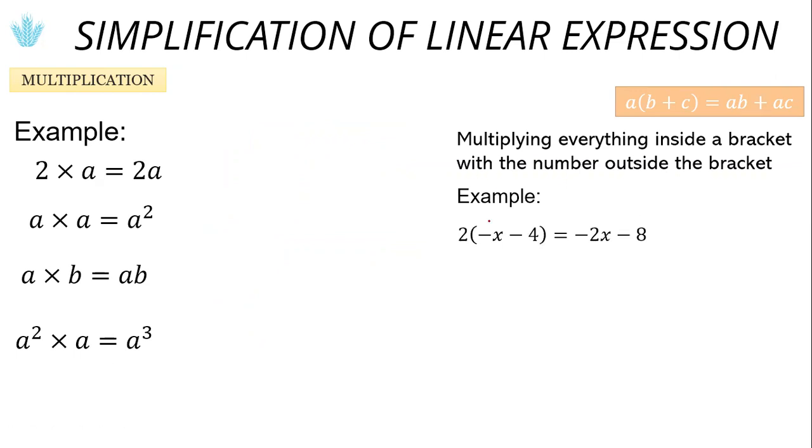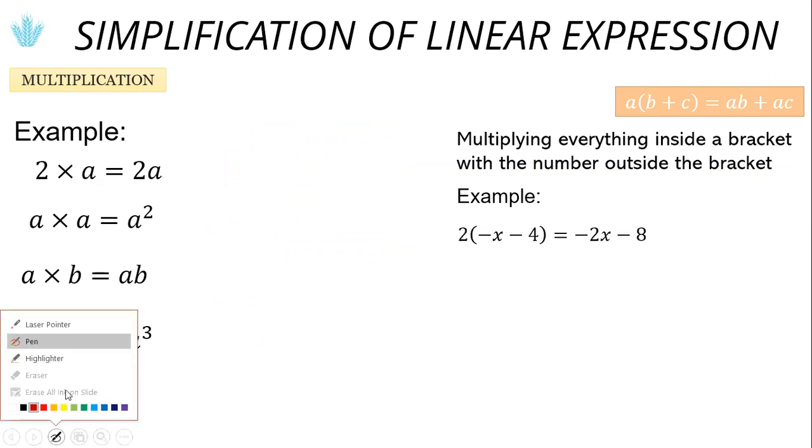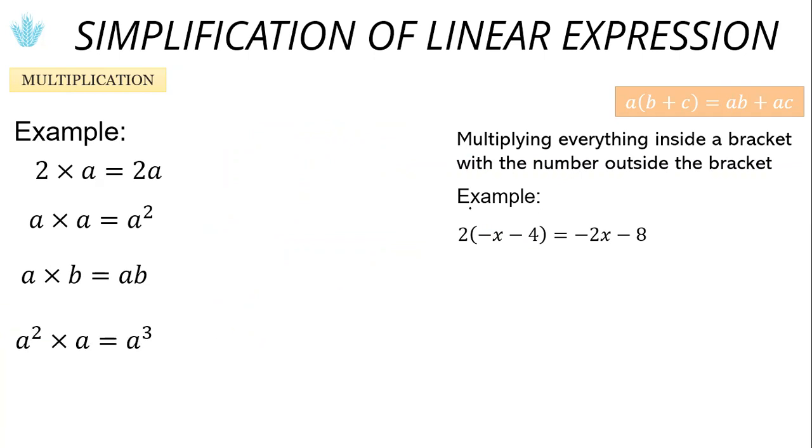Try this. Okay, now there is a negative. Oh my goodness, more complicated. It's not more complicated. Just remember, 2 times negative x is how much? Negative 2x. The negative stays inside. And 2 times negative 4, negative 8. Yes, negative 8. I forgot that negative. So, slow but sure.